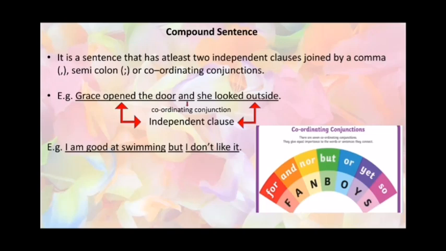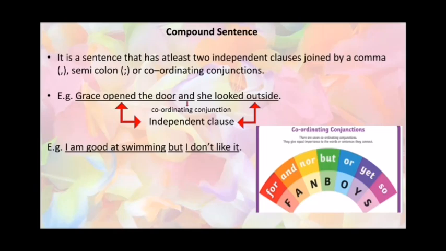You can see the short form FANBOYS. You have for, and, nor, but, or, yet or so. So these are all the coordinating conjunctions. So you need to remember what is there in the compound sentence: it has at least two independent clauses which are joined with either a comma, semicolon or a coordinating conjunction.